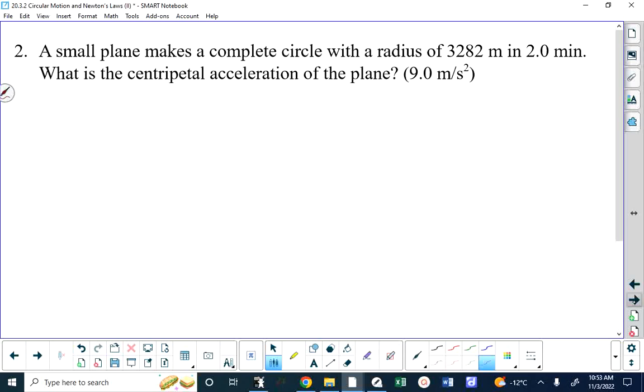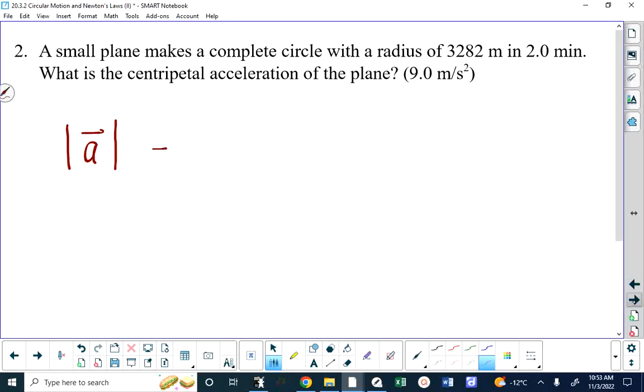We have two options here, Aoki and everybody. We could say that, I'm going to kind of flip back and forth, I'm going to put the absolute value signs with the vector symbol. And when we read this question, by the way, it probably should say what is the magnitude of the centripetal acceleration. Okay.